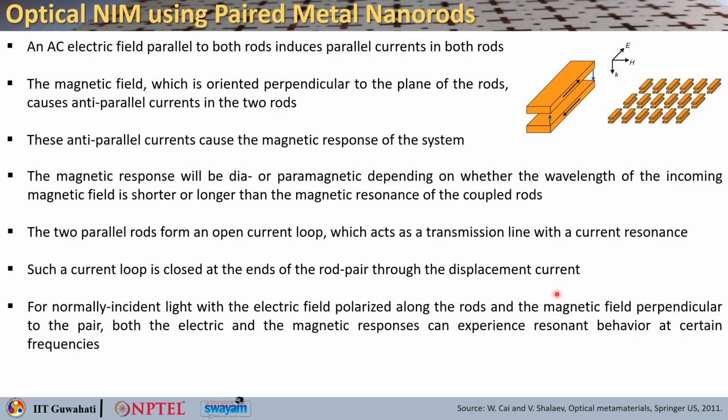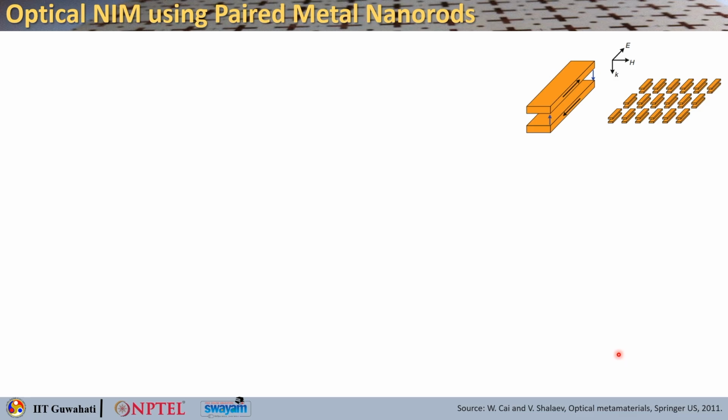Now, for normally incident light, which has electric field polarized along the length of the rods and the magnetic field perpendicular to the rods, both the electric and magnetic responses can exhibit resonant behavior at certain frequencies.